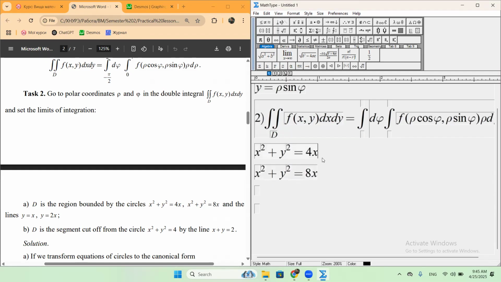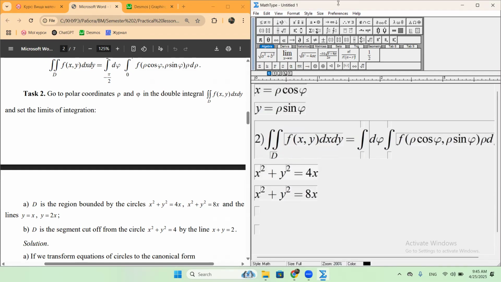Again, let's go to polar coordinates in these equations. By the way, also the lines y equals x and y equals 2x. It's important. So let's go to polar coordinates and we will see what happens in these equations.